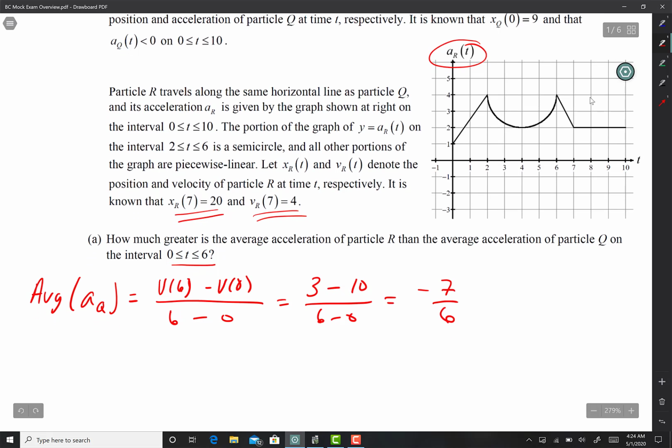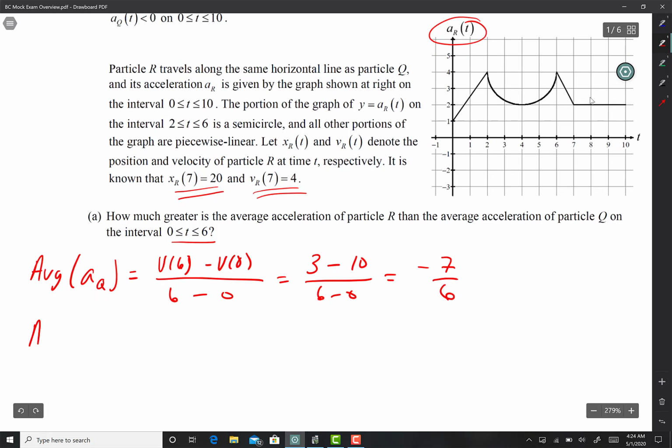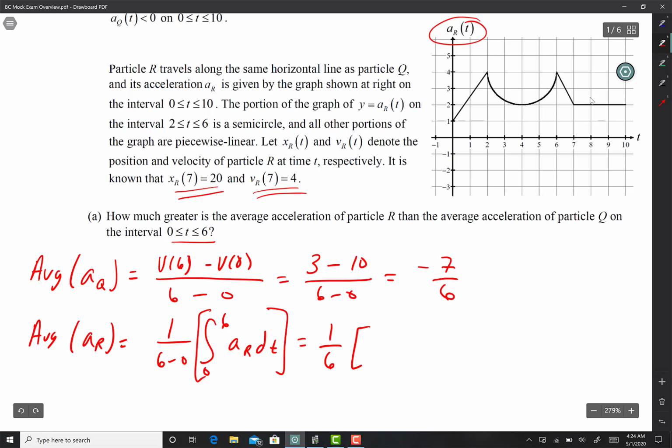Now for r, I have this graph here, so I need to find the area under this curve. The average acceleration for r is going to be equal to 1 over 6 minus 0, integral from 0 to 6 of a of r dt. So let's see what that is. 1/6, and then I'm doing this part here in brackets. I see a trapezoid right there.